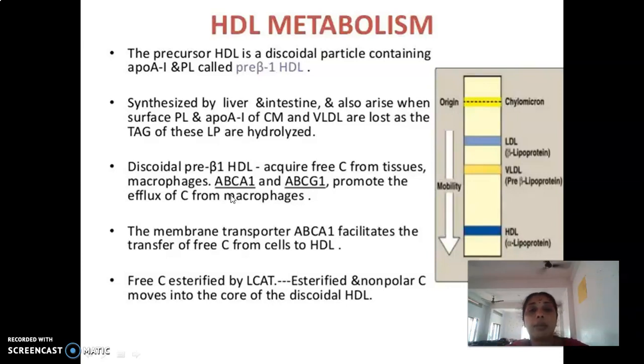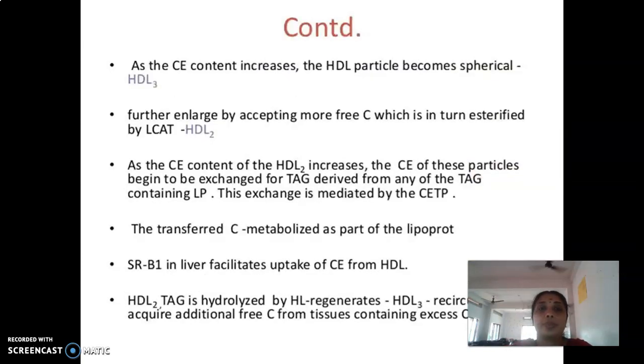And it is taken up by the HDL molecule. And as the cholesterol content increases, the HDL particles become spherical, and further, they are enlarged by accepting more and more free cholesterol, which in turn is esterified by LCAT, which is known as HDL2.